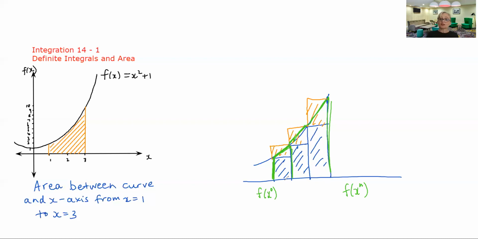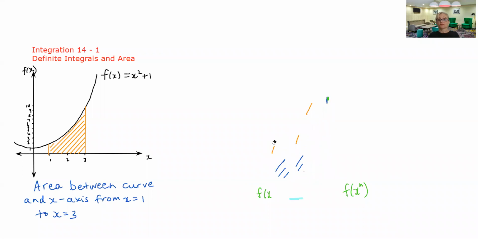Now, let's get back to actually doing it in the perfectly accurate way, which is using integrals. We can use a definite integral to work this out exactly. So in this example, all we need to do is do the definite integral from 1 to 3 of this function. That's all we need to do. So let's do that.